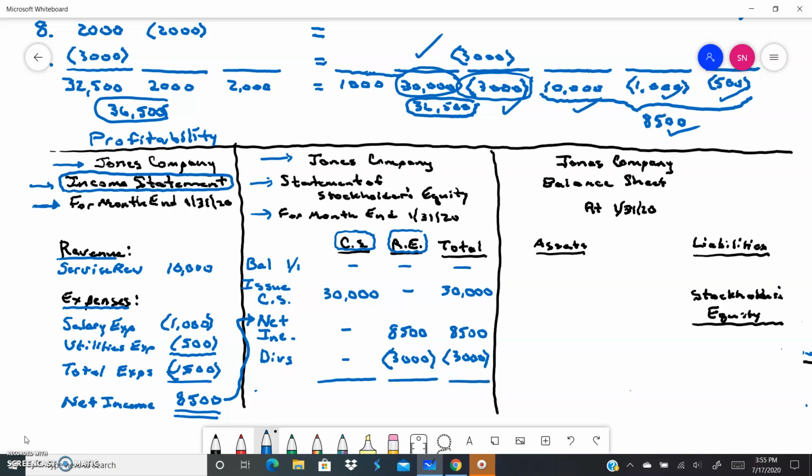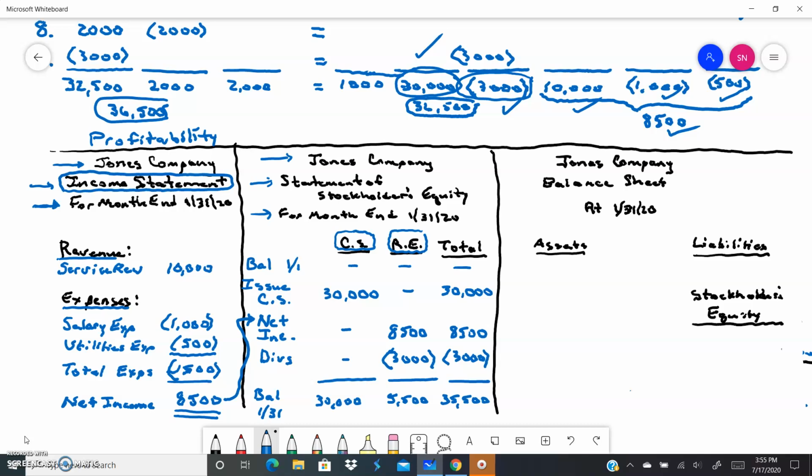So then we're going to end up with what's called our balance on January 31st. And so our balance on January 31st of common stock is $30,000. For retained earnings, it would be an increase of $5,500. And in total, we'd have a total increase in stockholders' equity of $35,500. So that's how we complete our statement of stockholders' equity.